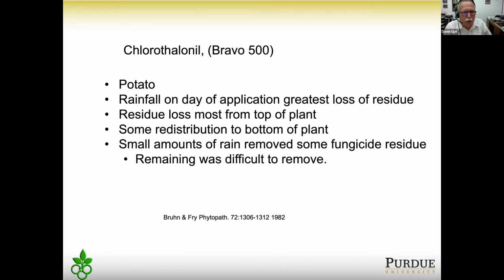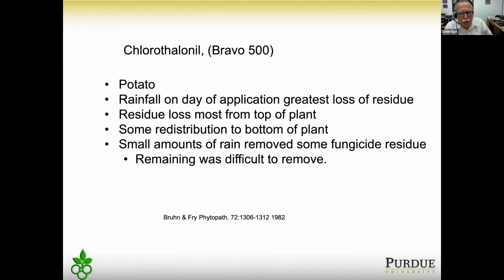Here's another chlorothalonil product, Bravo 500. In this case, they're applying it on potato. They found rainfall on the day of application produced the greatest loss of residue, which makes sense, since that falls into that 8 to 24-hour period that we just mentioned. They found residue loss from the top of the plant, but even if it lost residue from the top of the plant, there was some redistribution to the bottom leaves.